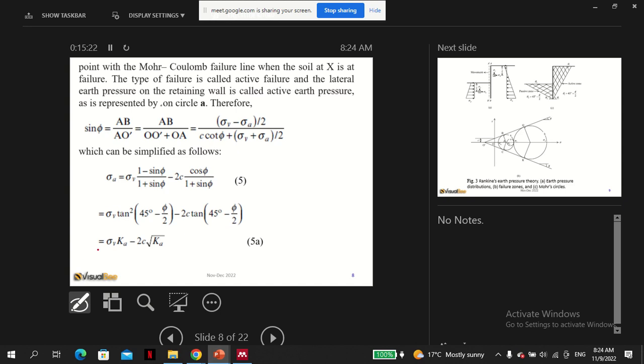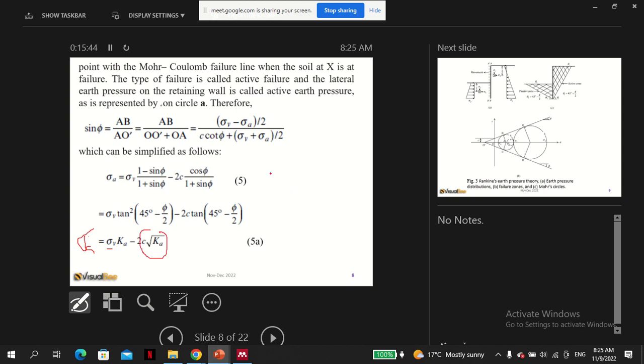so here we are saying sigma A, which is sigma H actually, is sigma V times Ka minus, of course, this part.